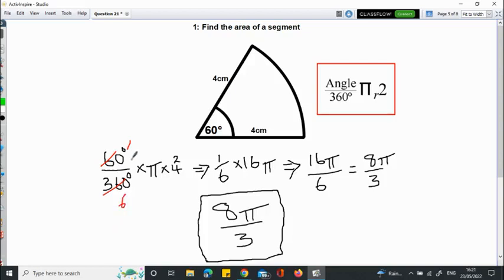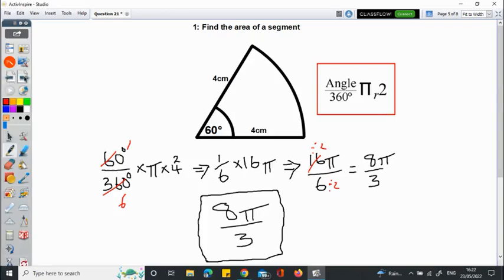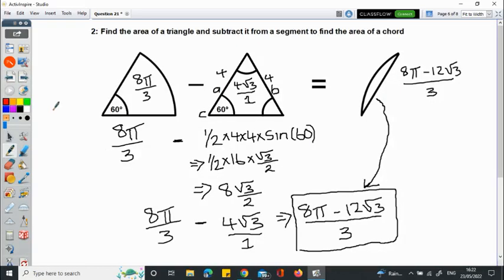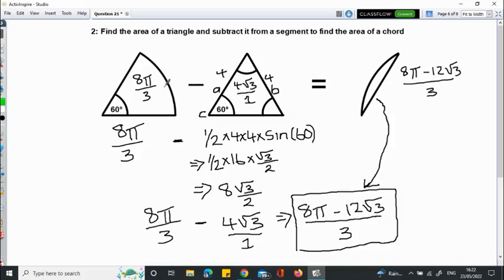Simplify it as soon as you see the ability to simplify, it's very important. 4 squared is 16, so it's 16 pi times 1 over 6. We can divide this by 2, and we get 8 pi over 3. So that is the area of this segment. That's step 1. Step 2, find the area of this triangle and subtract it. We know the area, we've just worked this out.